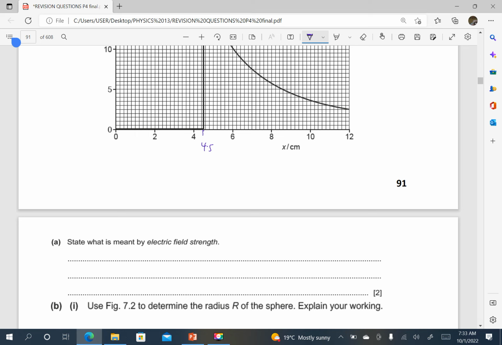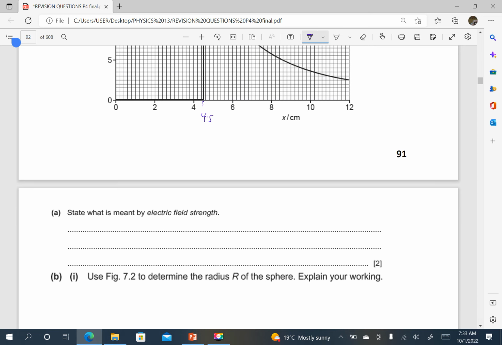So let's see the first question. The first question is: state what is meant by electric field strength. Remember, to define electric field strength, we imagine a unit positive charge.